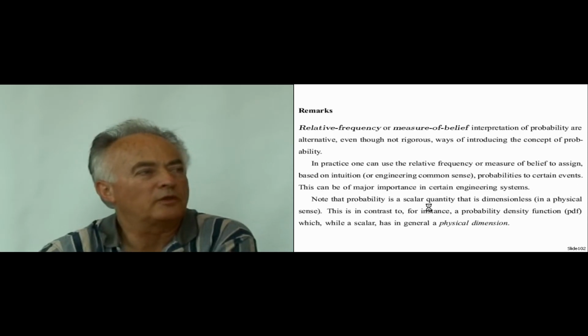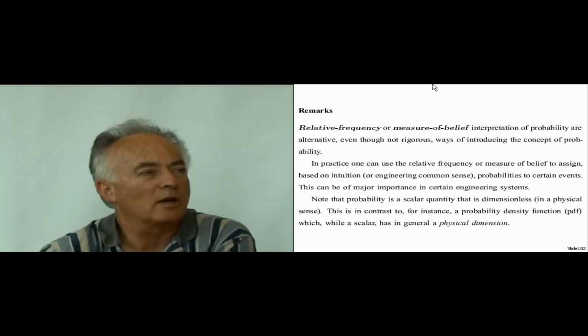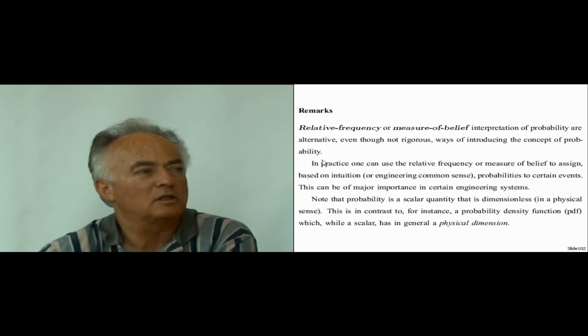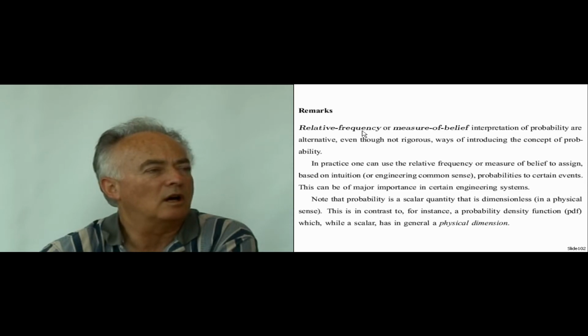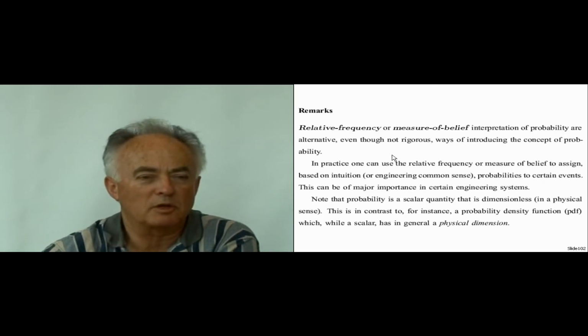Okay, a number of additional definitions of probability are around, and I would like to mention 2 of them. The relative frequency or measure of belief interpretations of probability are alternative, even though not rigorous, ways of introducing the concept of probability. Relative frequency can be used to assign probabilities to certain events when their occurrence probabilities are the same.